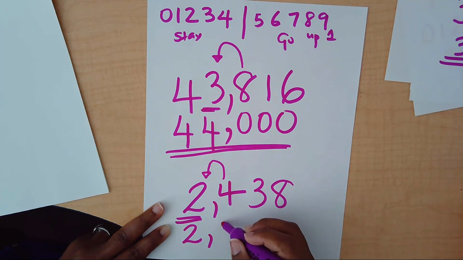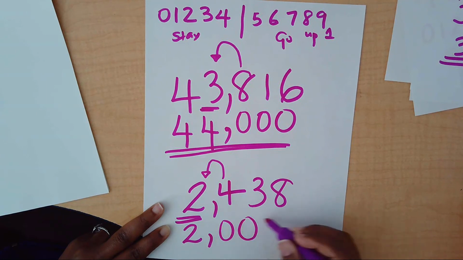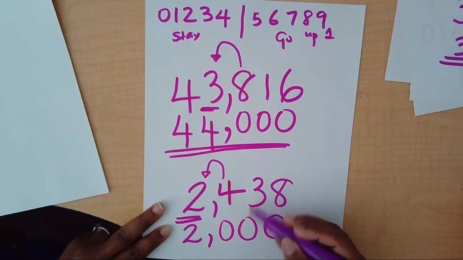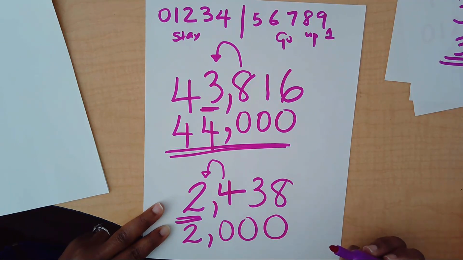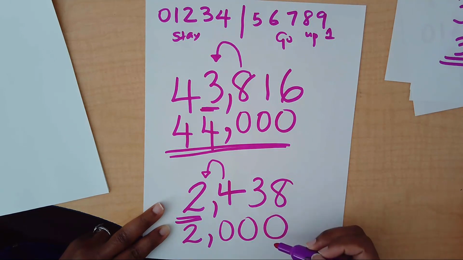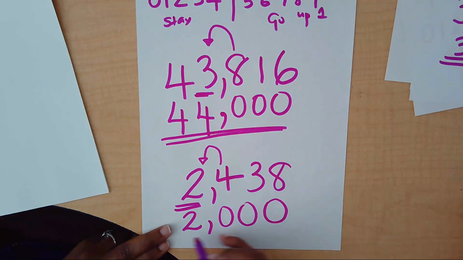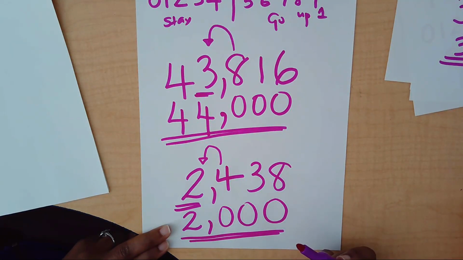They become a 0. And it's good to line your numbers up like this so you can see everything and make sure you have a spot for every number. So this is the answer, 2,000. When 2,438 is rounded to the nearest thousand, the answer is 2,000.